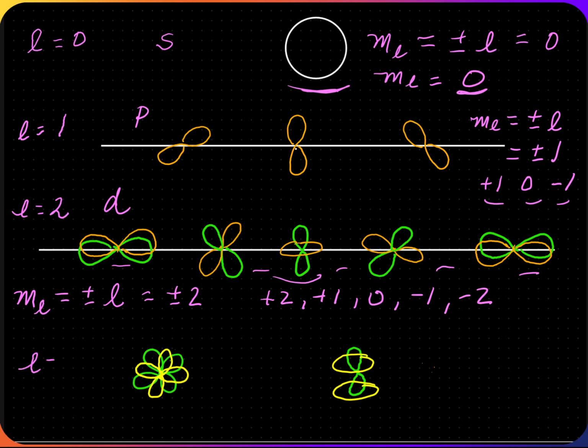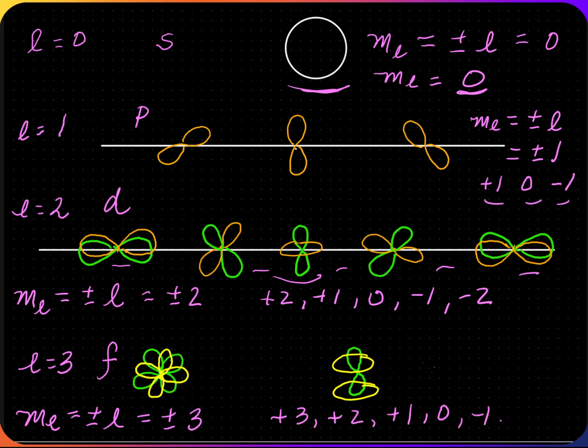When L is equal to 3, we know the shape is going to be F. So ML is equal to plus or minus L, which is equal to plus or minus 3. So my range is plus 3, plus 2, plus 1, 0, minus 1, minus 2, minus 3. So there are 7 possible orientations for F. Most of them will look like this one in the XY plane and so forth.